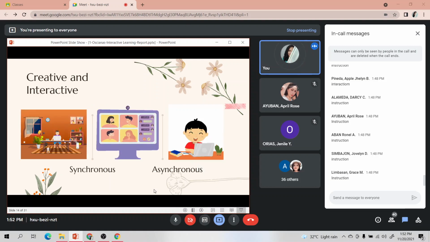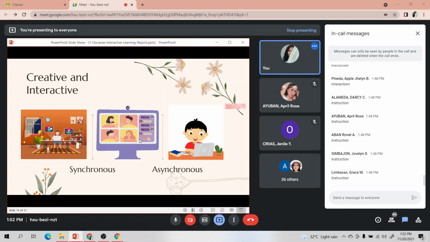So, to become creative and interactive, since we are now in the digital era, we have various technologies available. All these new technologies have one thing in common. They both support synchronous and asynchronous session or instruction. So what is synchronous?